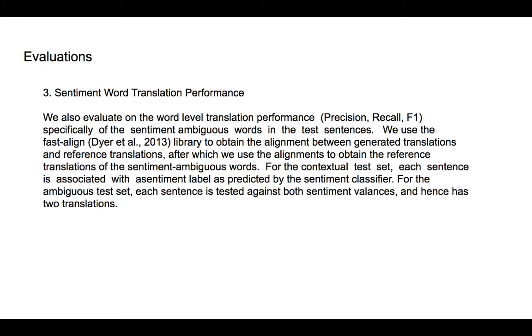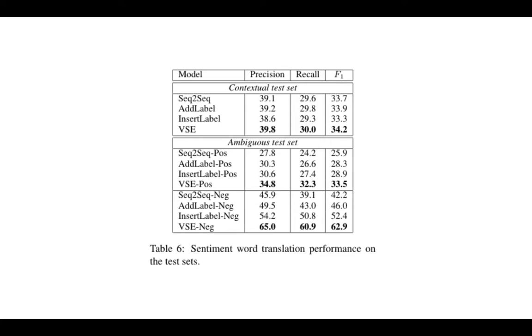And for the ambiguous test set, each sentence has two translations generated. And here are the results. You can see on the contextual test set, the results are not so much different, but on the ambiguous test set, there's a significant increase in results, especially for the VSE method.